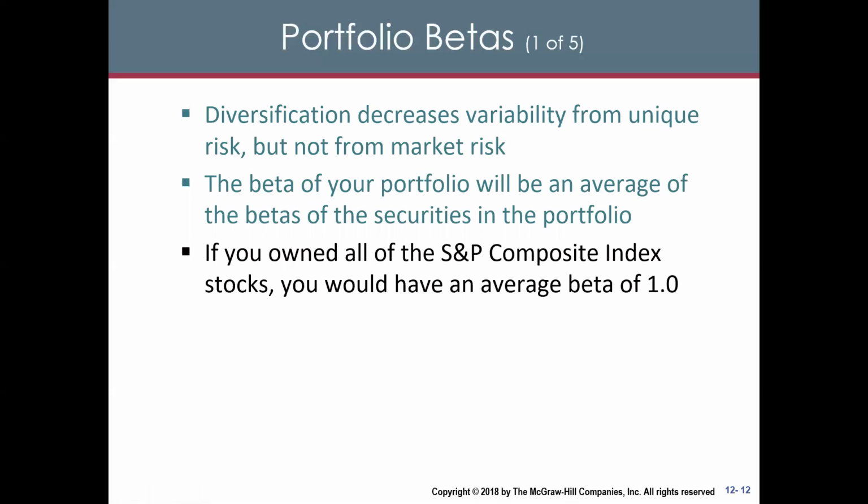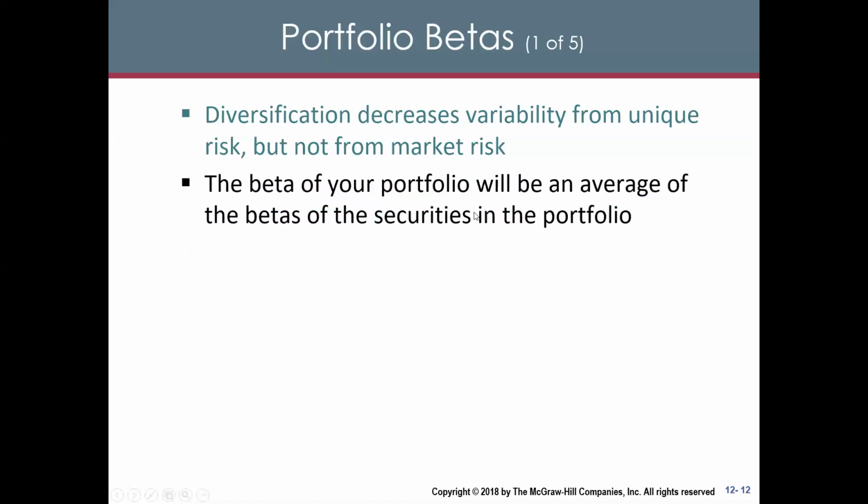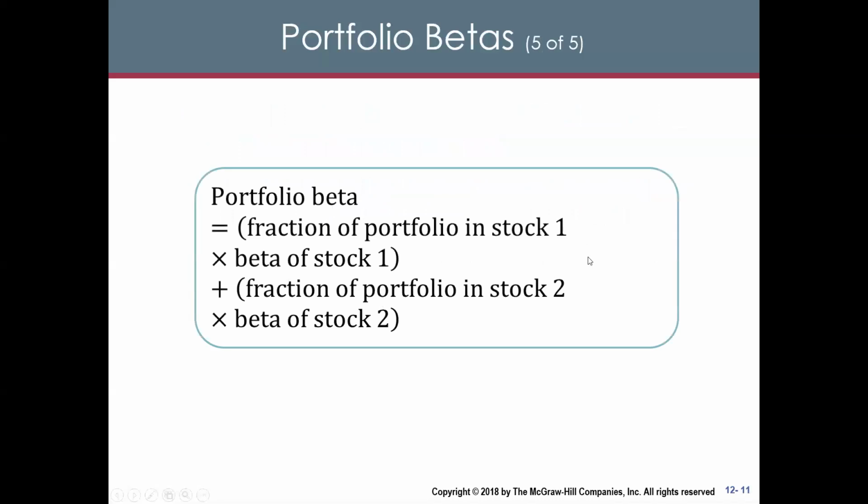However, the risk cannot go to 0 because the market risk cannot be eliminated. Again, diversification can decrease the specific risk, but we cannot reduce the market risk. And the beta we talked about today for the portfolio will be the average of the betas of the securities in the portfolio, as this formula suggests.